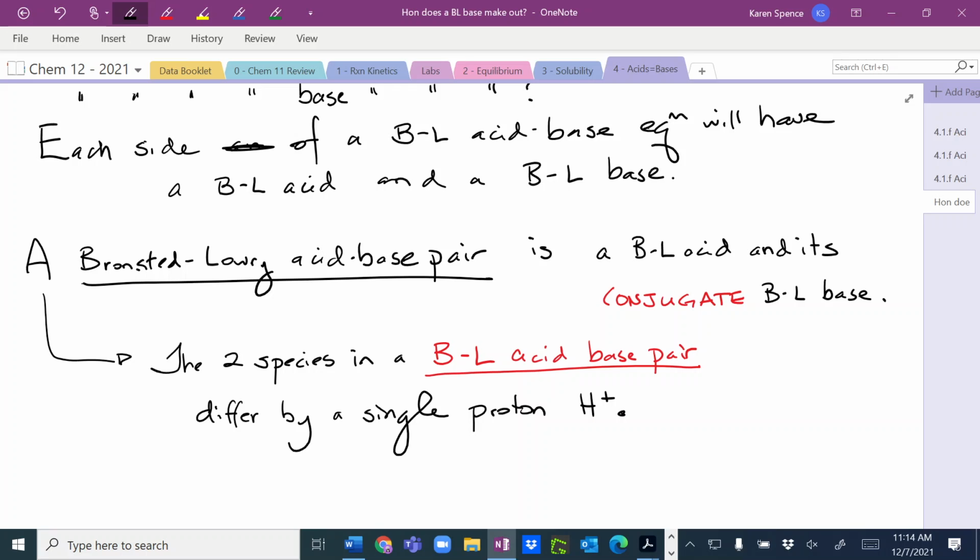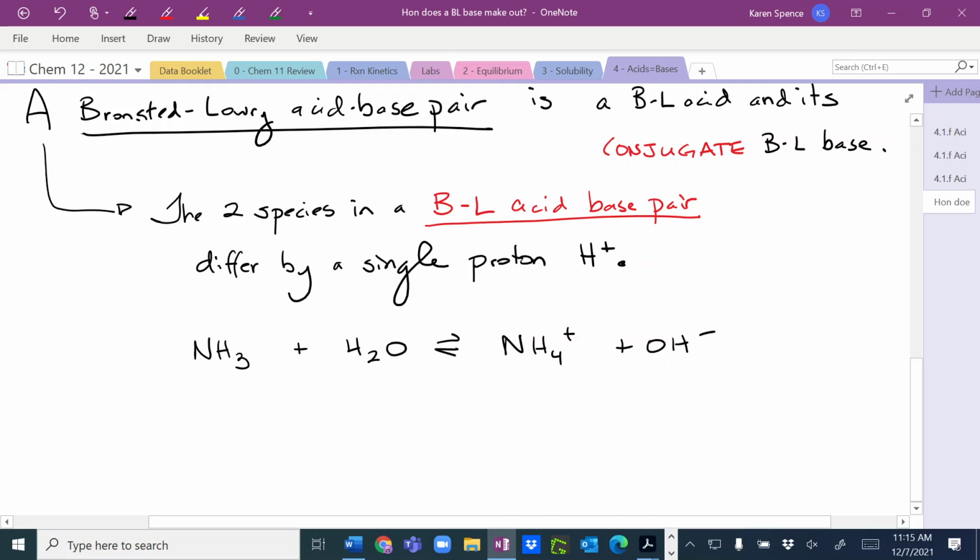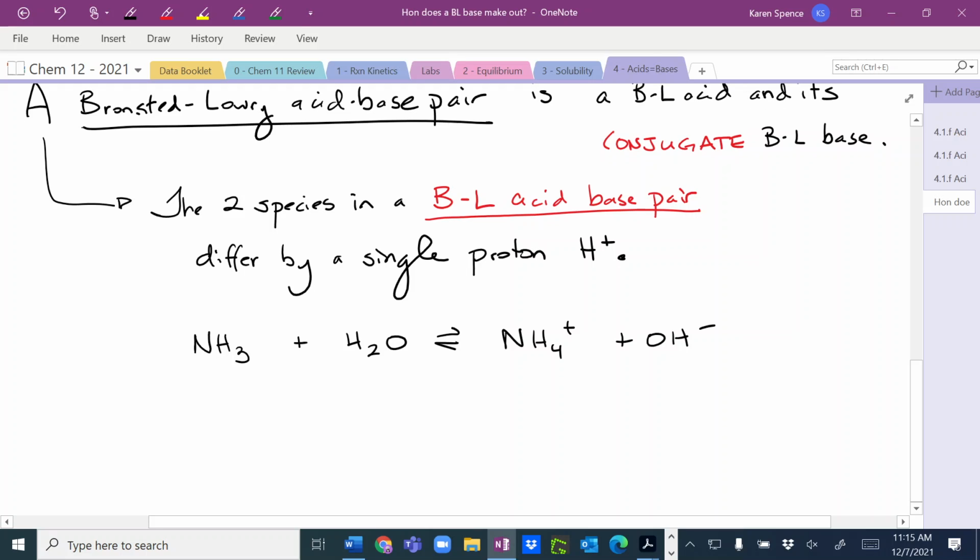So if we were to go back to our equation, I'm going to just rewrite it down here. Who are the two conjugate acid-base pairs here?